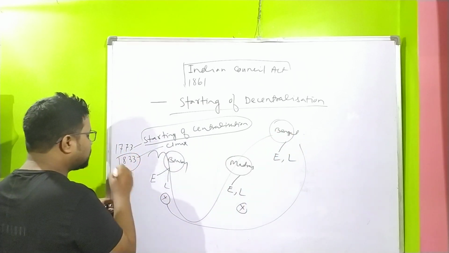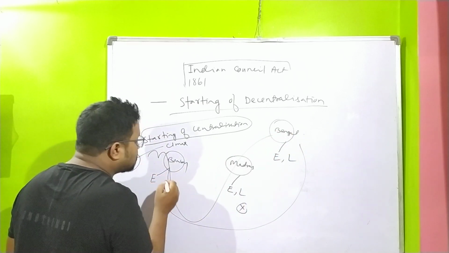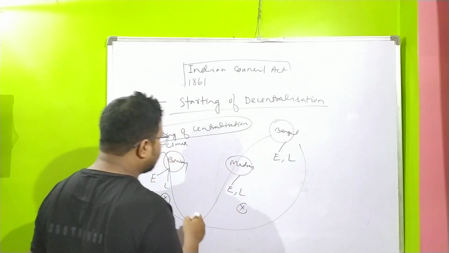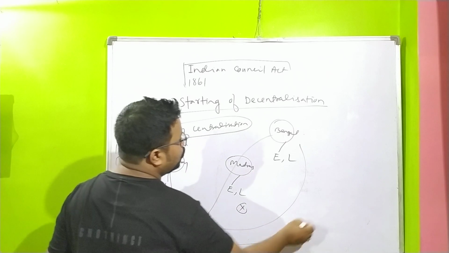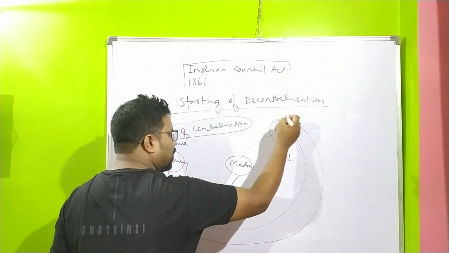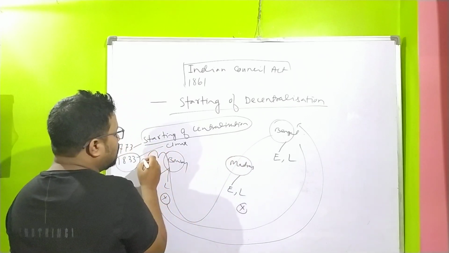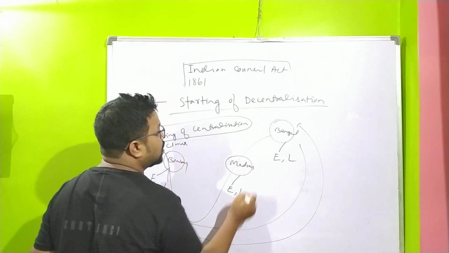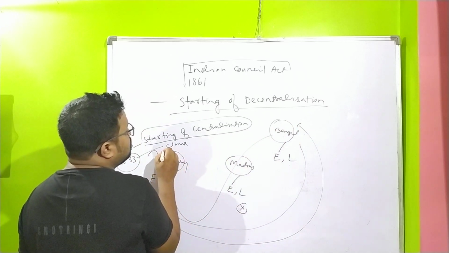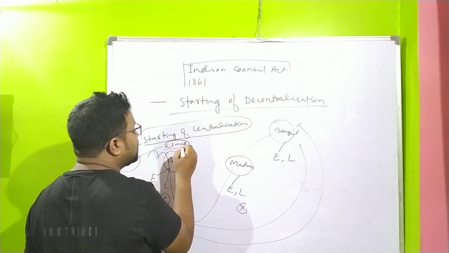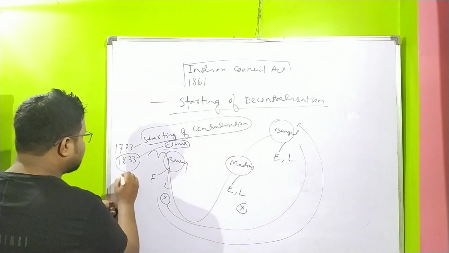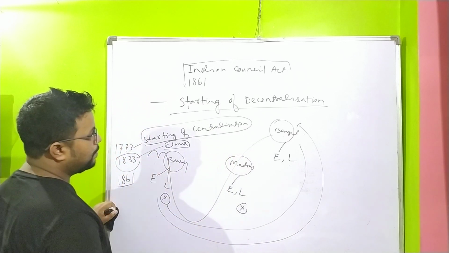In 1833, all the legislative powers of Bombay and Madras were curtailed and added to Bengal. Since all the legislative powers were curtailed and added to Bengal, this was centralization at its peak in 1833.